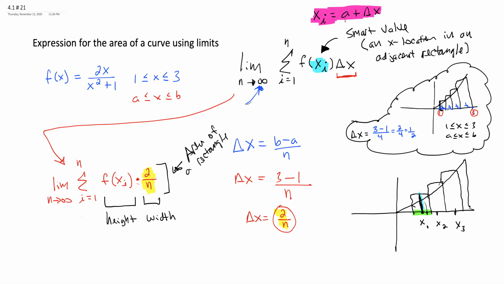So we're going to actually pick how we're going to pick the x value that corresponds to the height of a rectangle. Even though it needs to be within the interval, we're going to make it the right-most part of that rectangle. You could make it the left part, but we're going to make it the right part, right here.